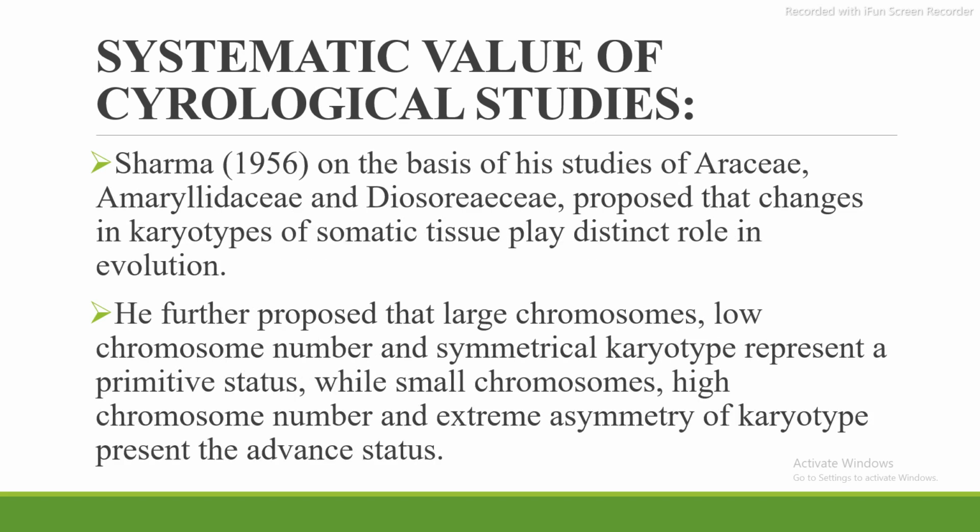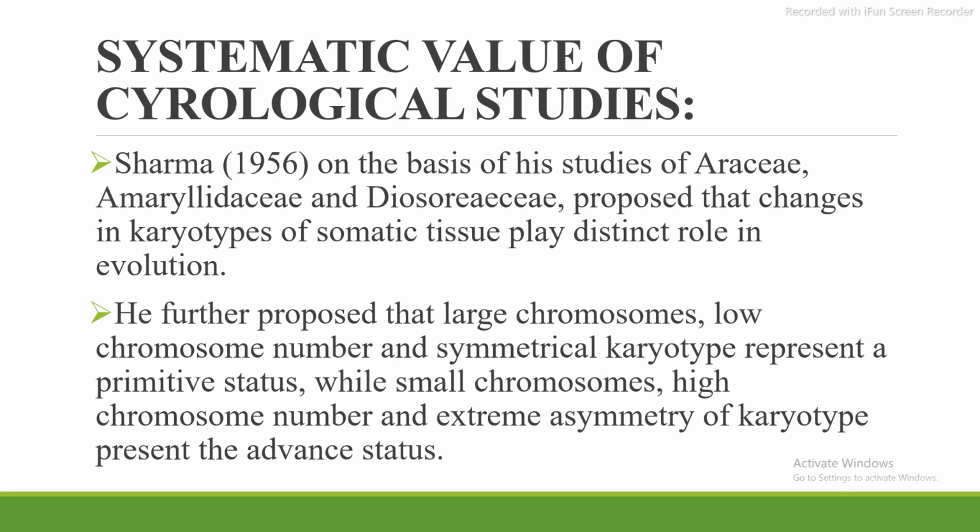Sharma, 1956, on the basis of his studies of Ericaceae, Amaryllidaceae, and Dioscoreaceae, proposed that changes in the karyotypes of somatic tissue play a distinct role in evolution.